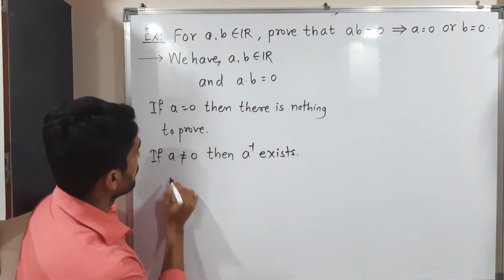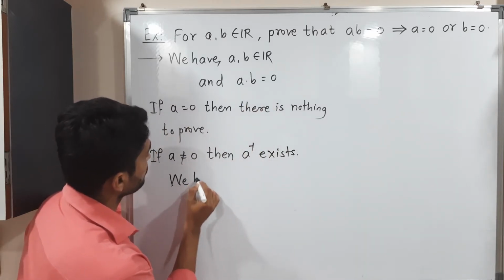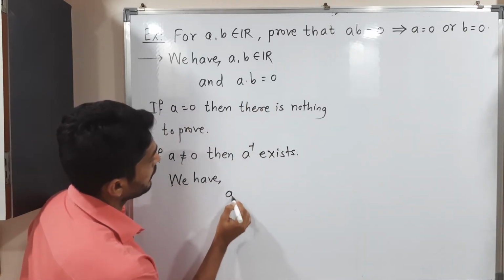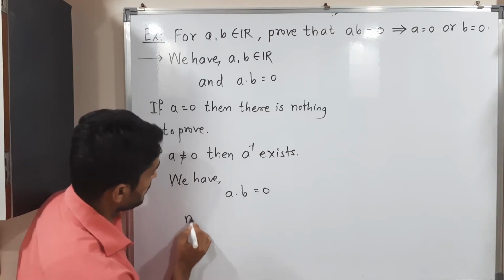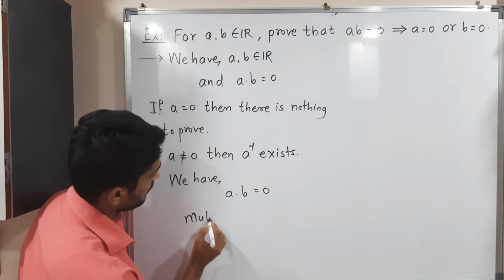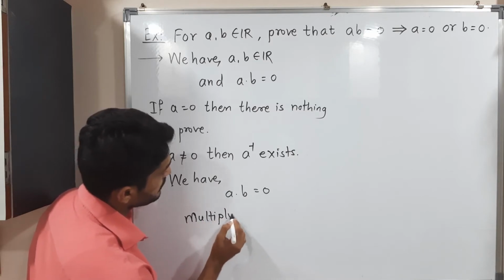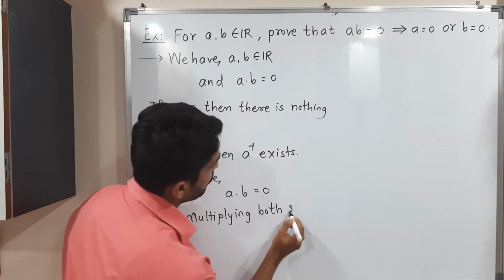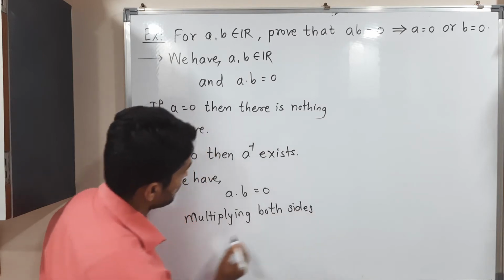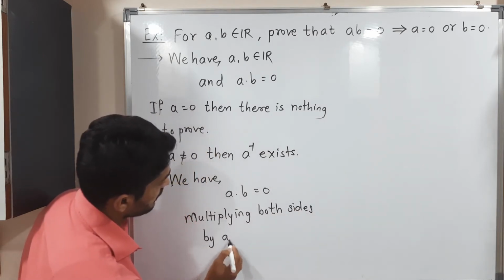Okay, so what will we have? I will write what we have: a into b is equal to 0. Multiplying both sides by a inverse.